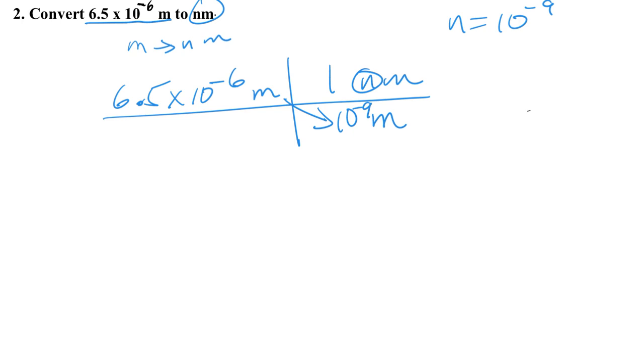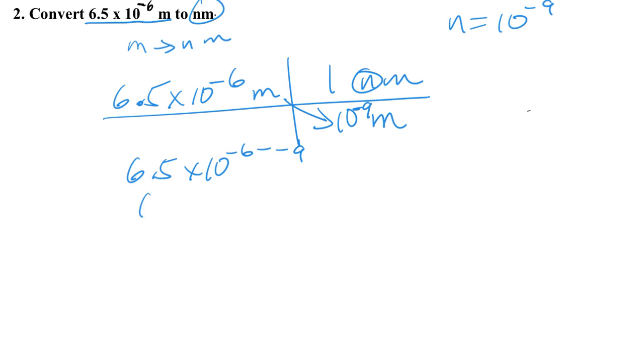So again, you could solve this if you know your exponent power rules. This would be 6.5 times 10 to the negative 6 minus a negative 9, because when you divide powers of 10, you subtract the denominator's power from the numerator's power.